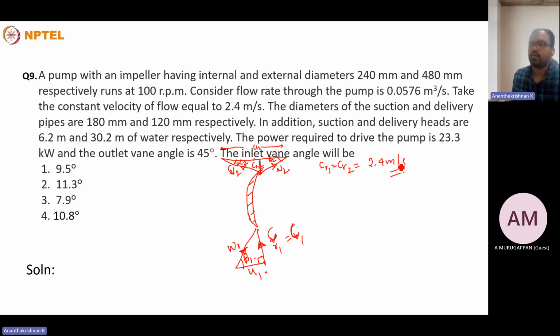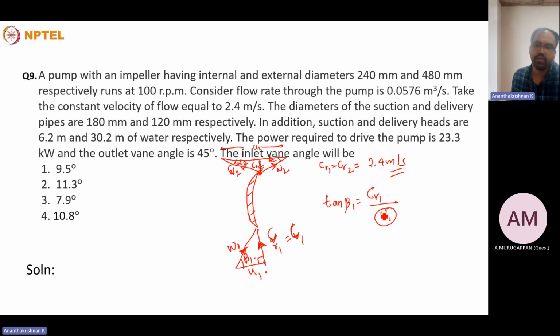meter per second. We need to calculate the inlet vane angle. So we have to look into the inlet velocity triangle to get the solution. So if you take tan beta 1 for the inlet velocity triangle, it will be CR1 divided by U1.